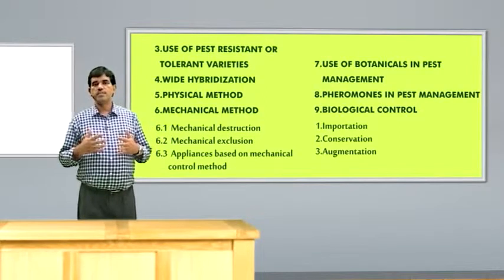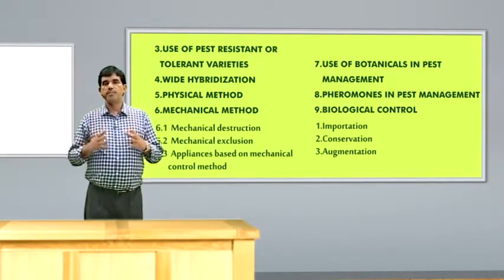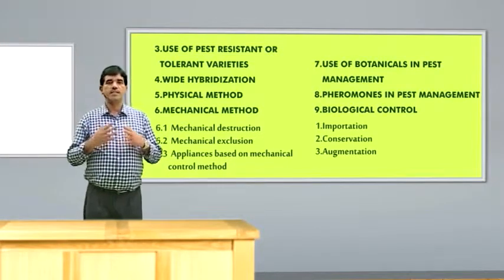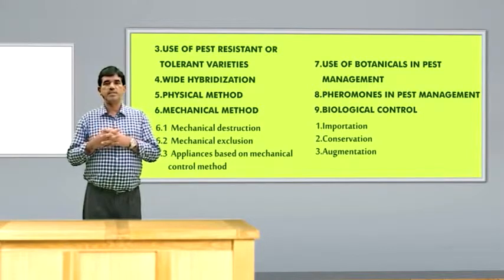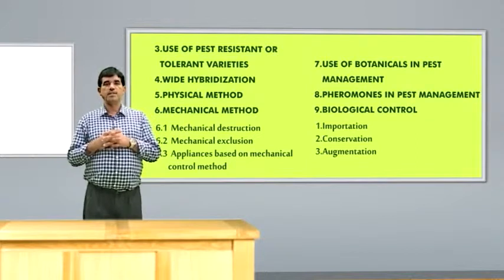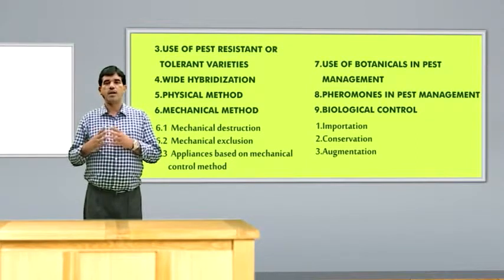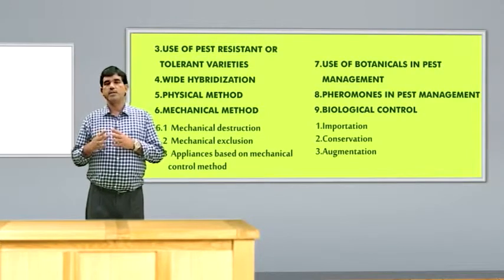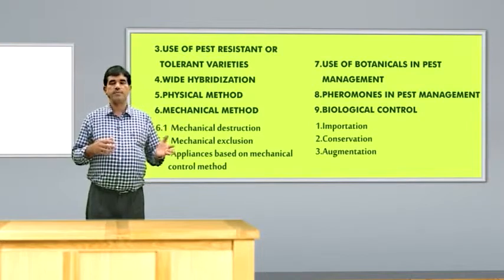Biological control is a very important strategy of pest management. Management of pests and disease-causing agents utilizing parasitoids, predators and microbial agents like viruses, bacteria and fungi is termed as biological control. The three important approaches in biological control are importation, where we bring these bioagents from other countries and use them directly in our fields.